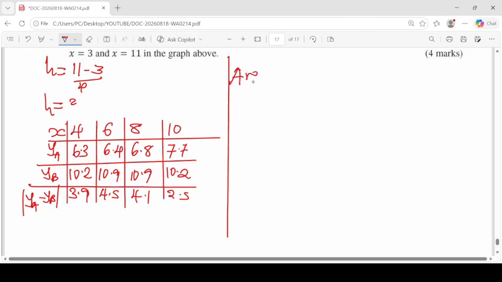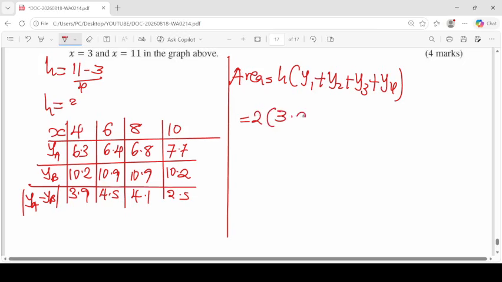We say that area is equals to h into y1 plus y2 plus y3 plus y4. So when you substitute, our h here is 2, so 2 into 3.9 plus 4.5 plus 4.1 plus 2.5.